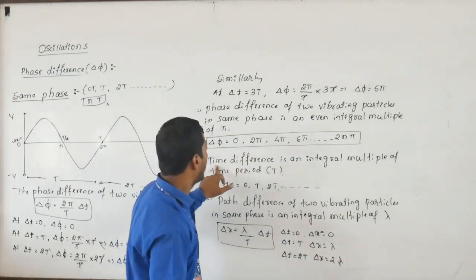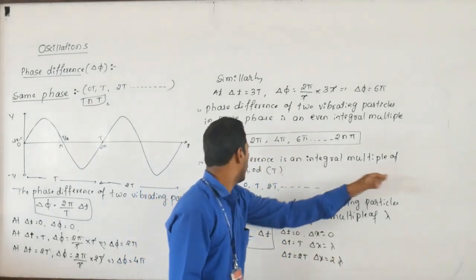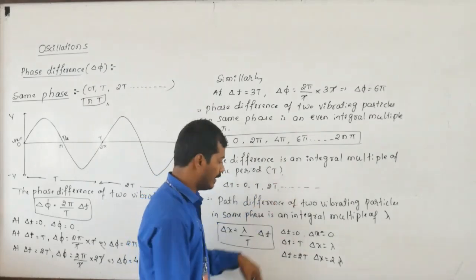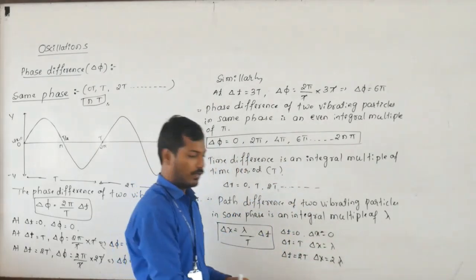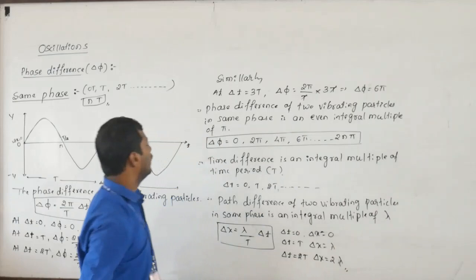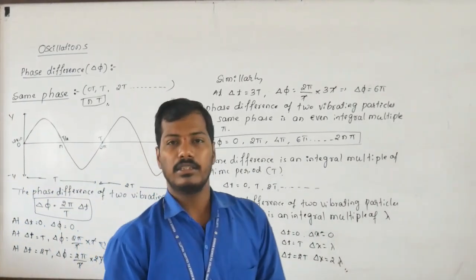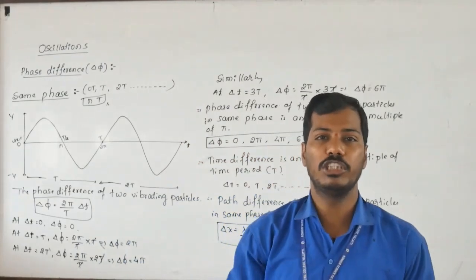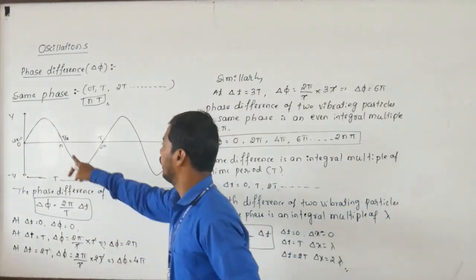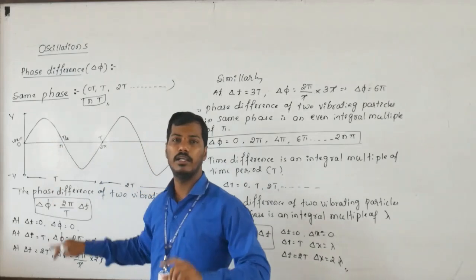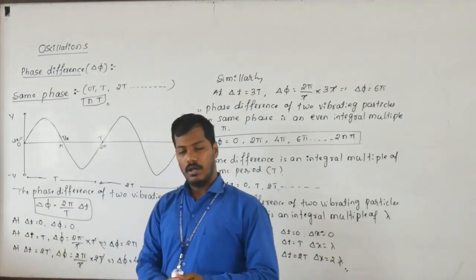See here, time difference is an integral multiple of one time period. This is nothing but the same phase. In the next class, we'll discuss the opposite phase, when those two are in opposite direction. Okay, thank you.